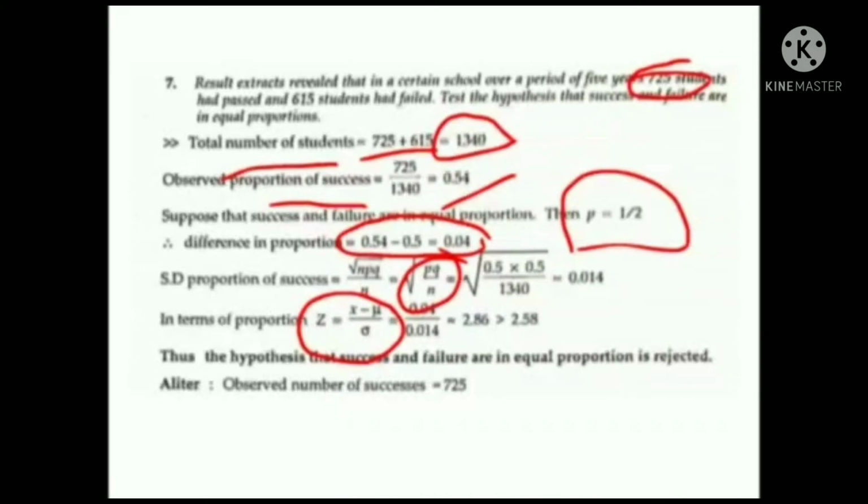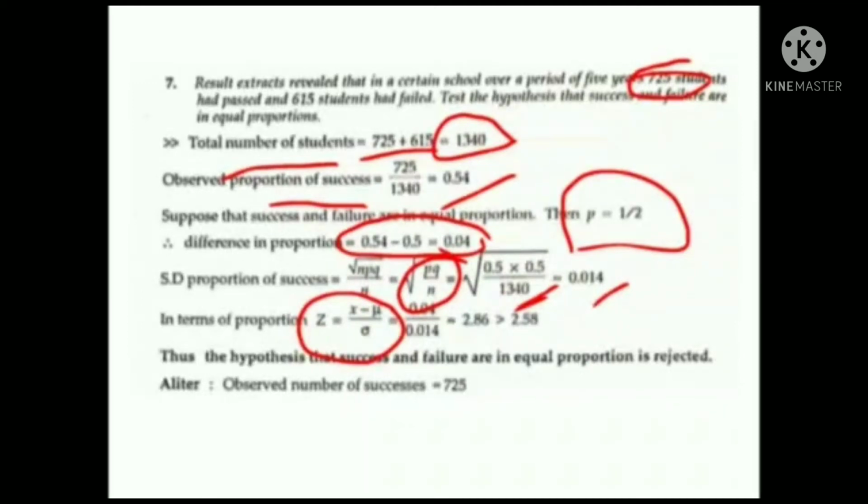So we know p, which is 0.5. We know q, that is also 0.5. And n is the total number of students here, which is 1340. So substituting and simplifying, we are going to get sigma, which is nothing but the standard deviation of proportions of the successes, given by 0.014.